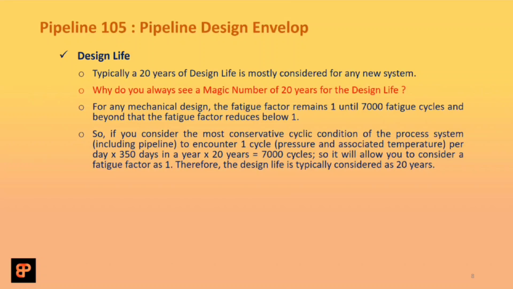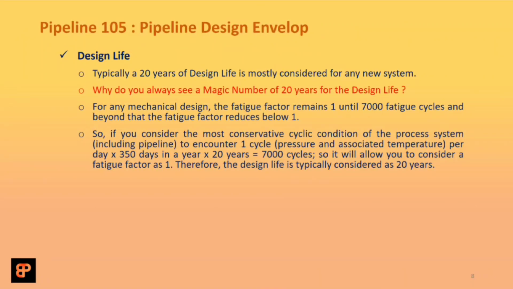One full pressure cycle and one full temperature cycle is not very commonly going to occur. In a process system or a pipeline, you are never going to see the pipeline pressurized and depressurized so frequently, or temperature fluctuations so high that it sees maximum to minimum temperature so frequently.